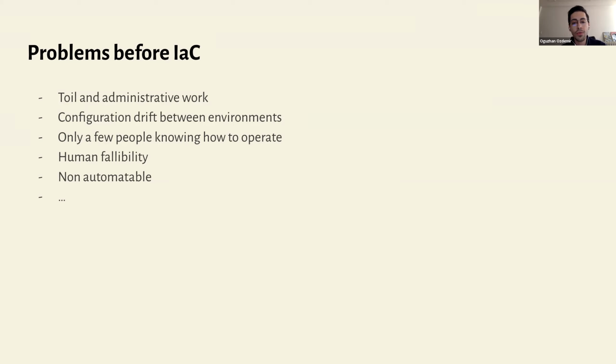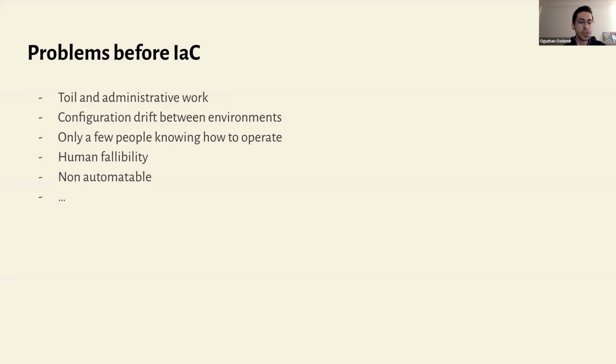As a side effect of these manual operations, we'll have new problems. Configuration drift between environments is one of them. As you go along in your daily life, there will be inconsistencies between environments. It will definitely happen.